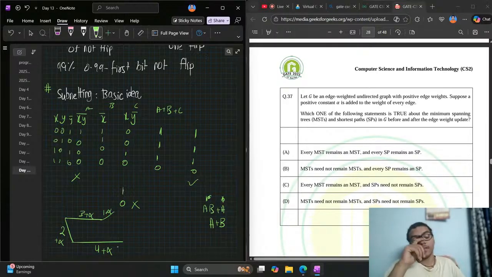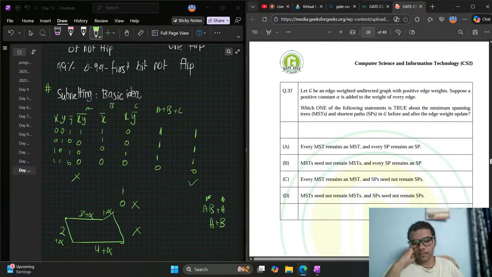So weight of every edge got added with that. Okay.